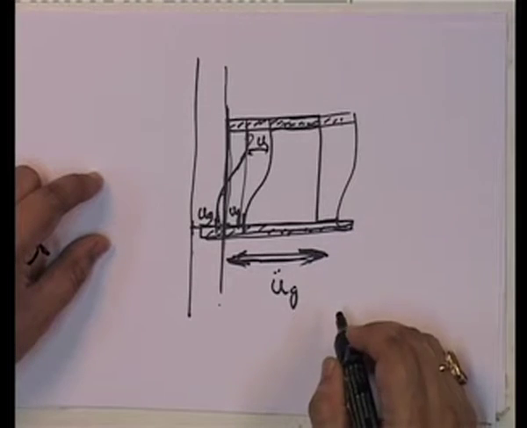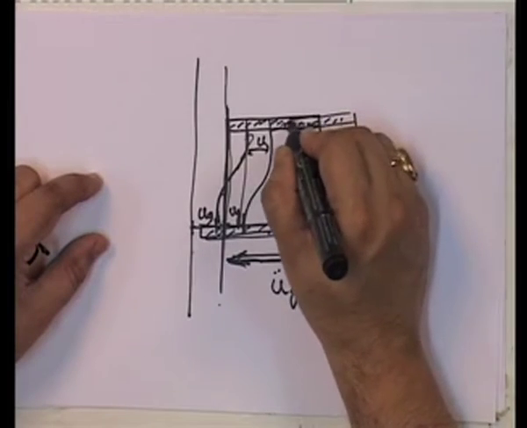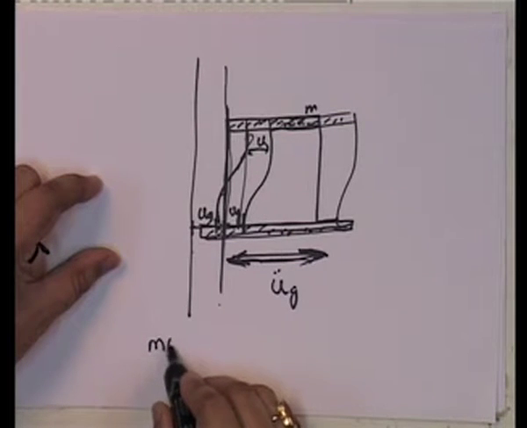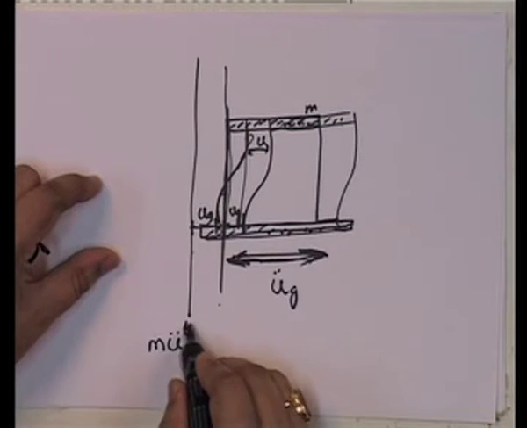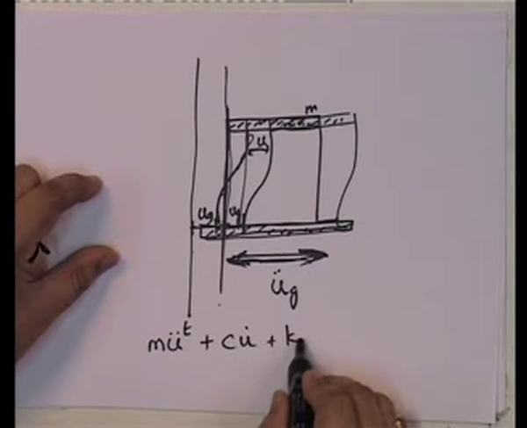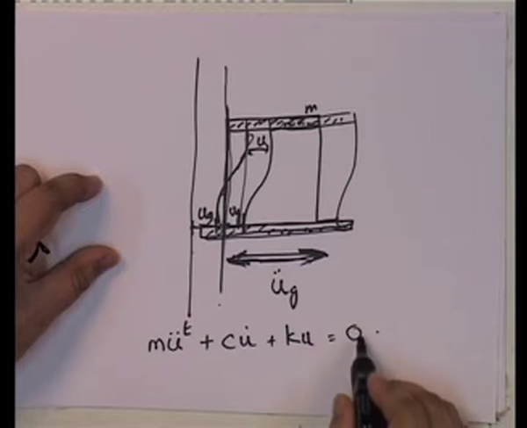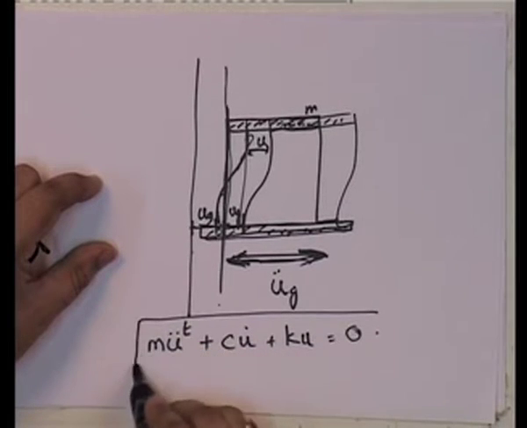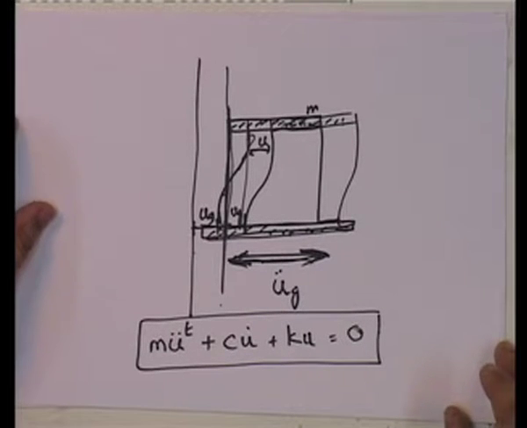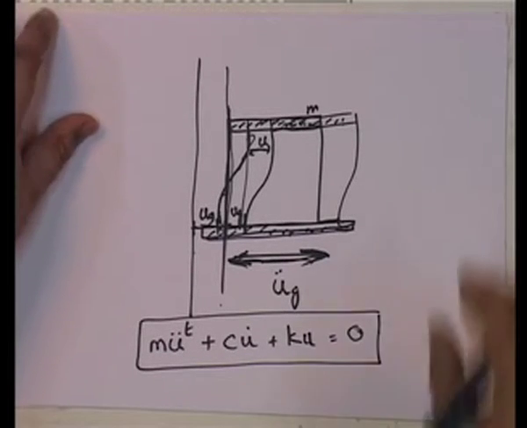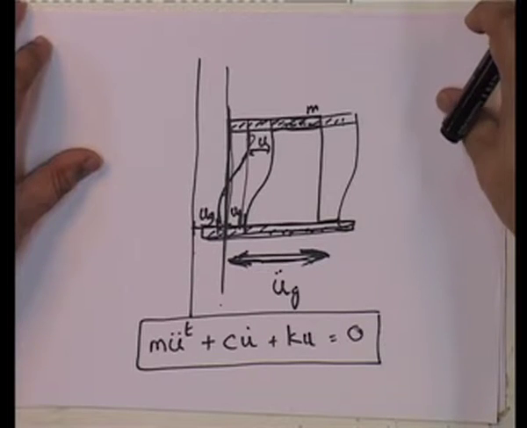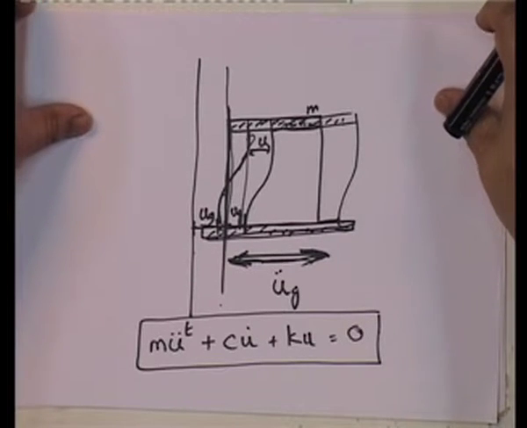So, if you really look at it, the acceleration that this mass m sees is m u double dot total plus c u dot plus k u is equal to 0. This becomes the equation of motion for this particular structure. And again, this is something that we have already developed last time.